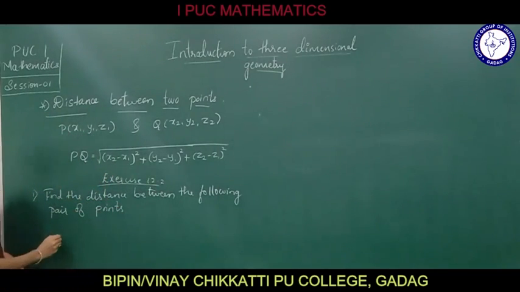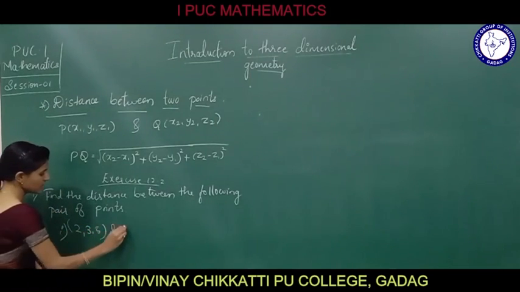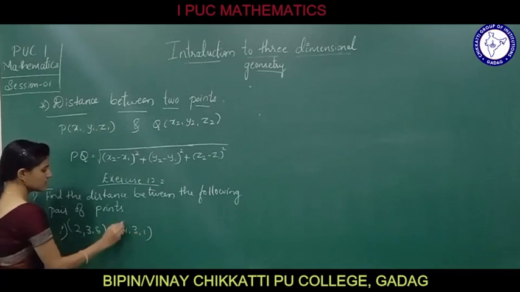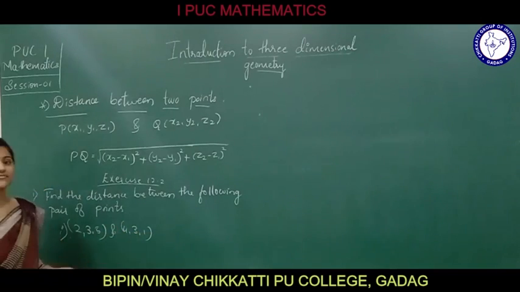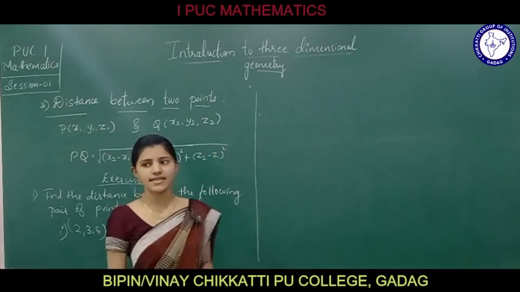Among that, what is the first question given? The points given are 2, 3, 5 and 4, 3, 1. Now let us find its distance. To find its distance, let us name those points.